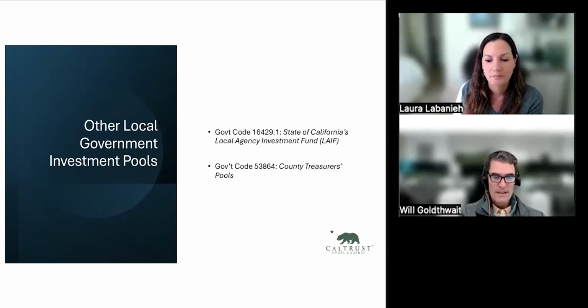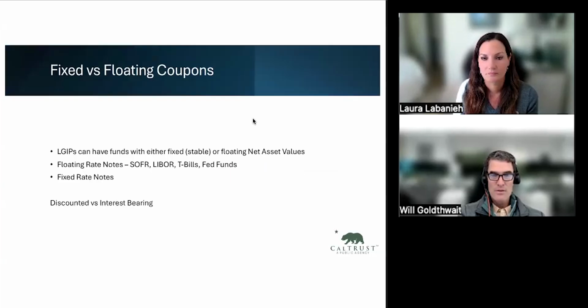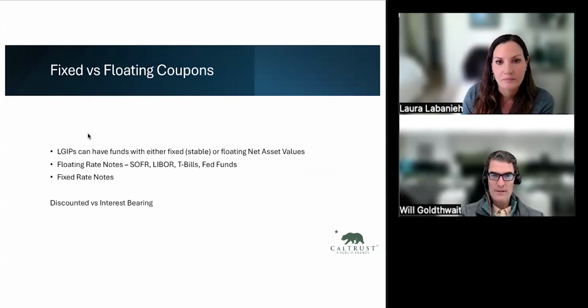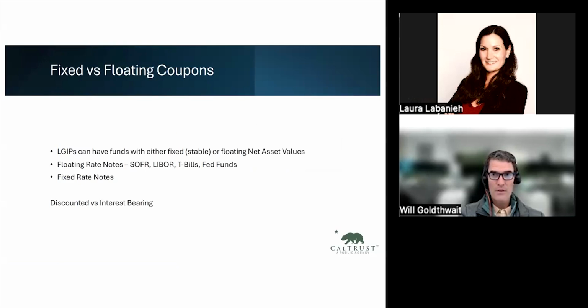Yeah, absolutely. Thanks, Laura. So the other option that's available to you is other SEC registered money market funds. Now, obviously, the name says it all. These are mutual funds that are registered with the SEC. They have to follow a specific list of rules outlined by the SEC, and those rules define the risk characteristics of those funds. The biggest category in that space is government money market funds.